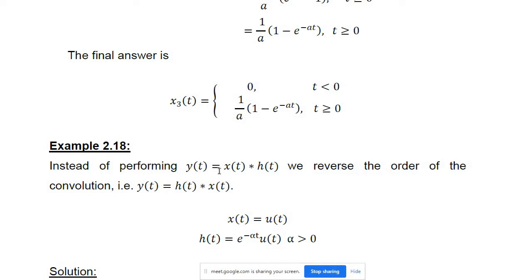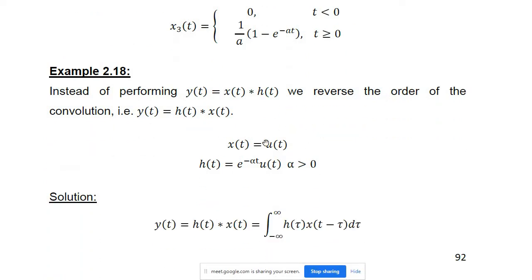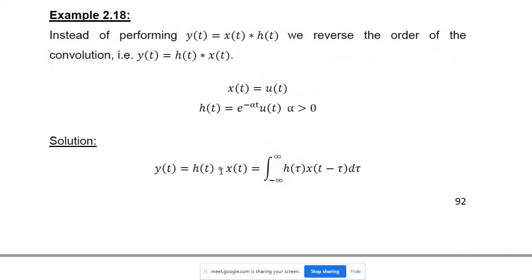Example 2.17 showed you x(t) convolved with h(t). Now they want you to do h(t) convolved with x(t), to see whether you will get the same result or not. It is the same question, just that you flip the x(tau).